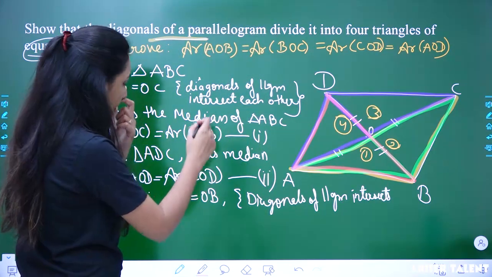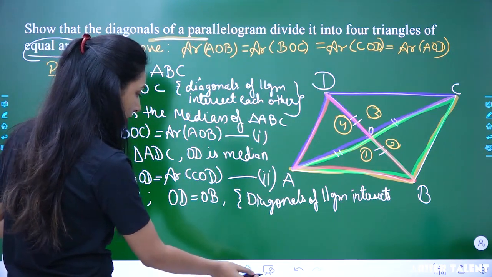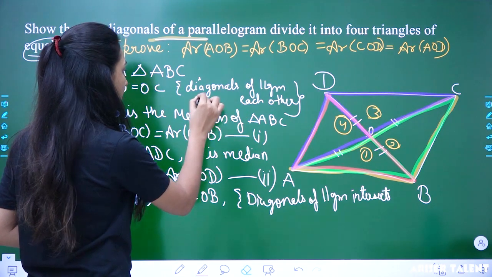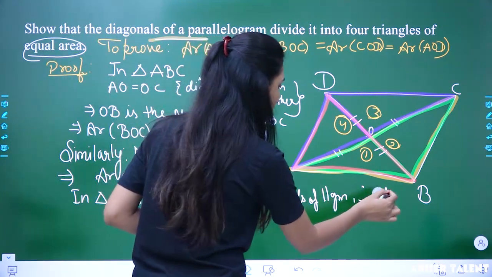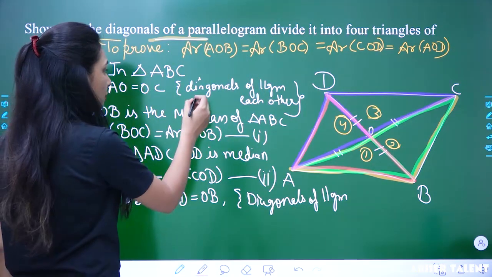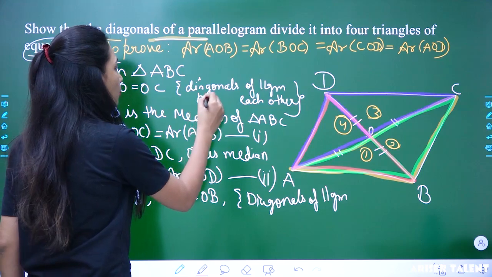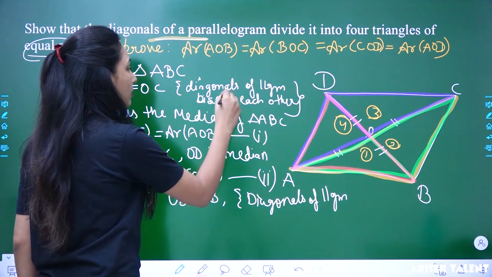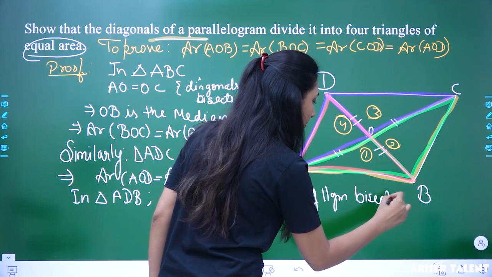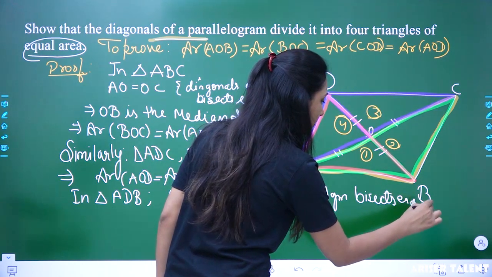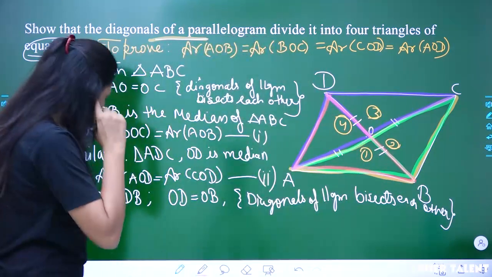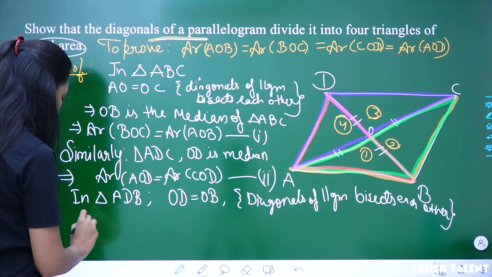This is not intersect, student, this is bisect, okay, mark it, it is bisect here, because it's being divided into two equal halves. It bisects each other.